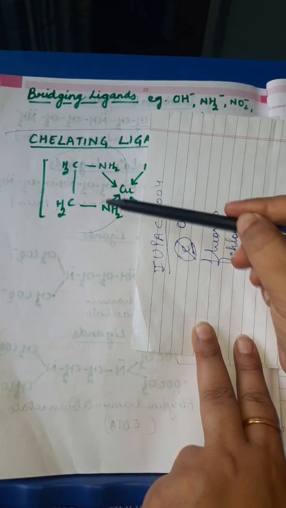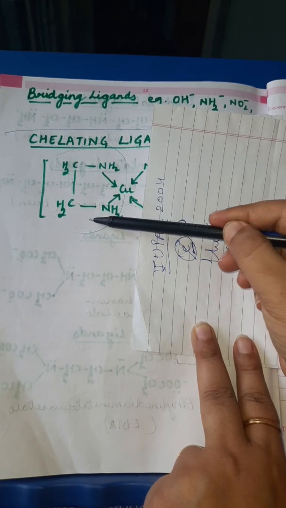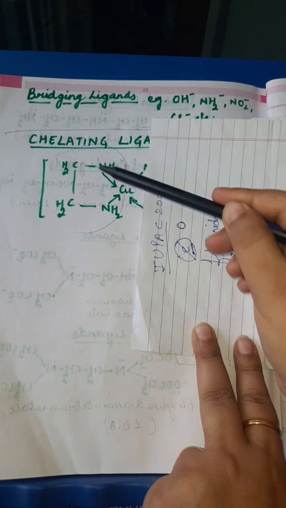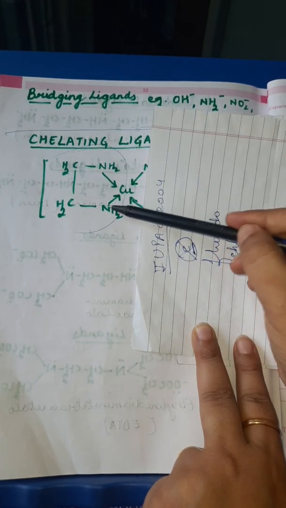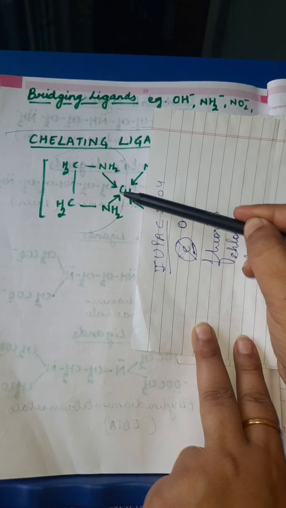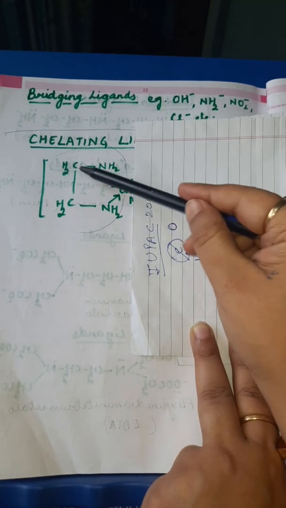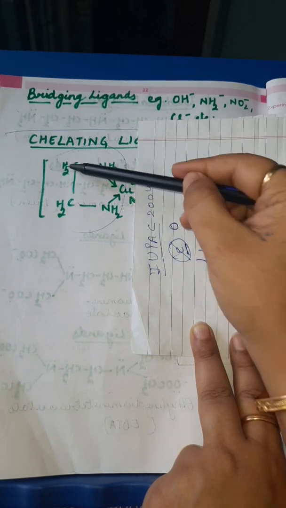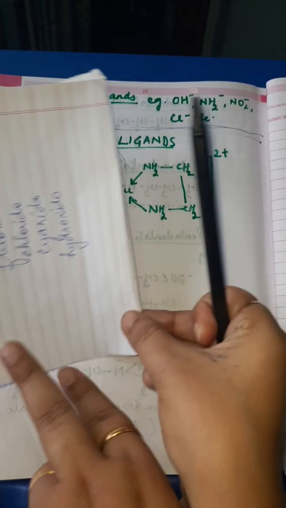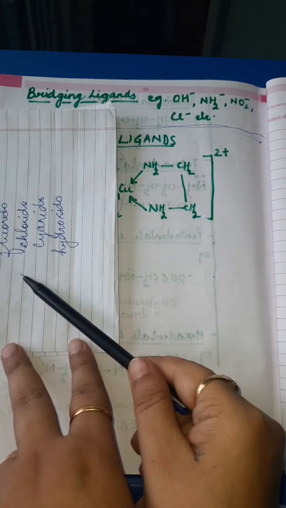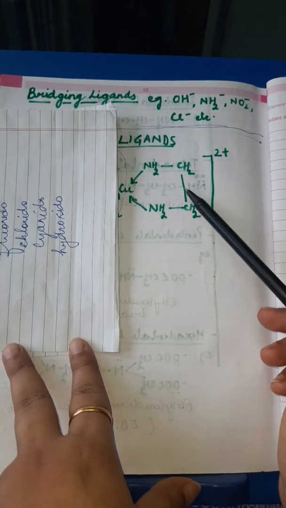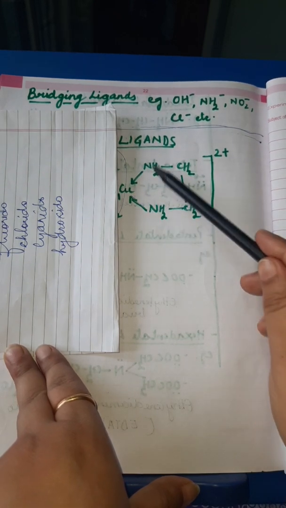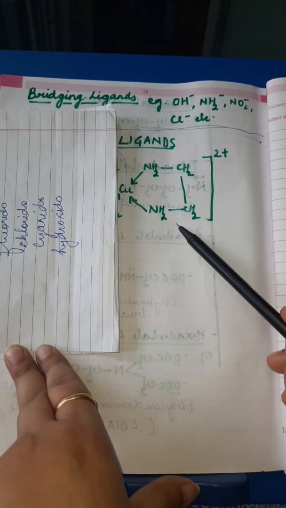It is ethylene diamine. When ethylene diamine gets bonded with the copper ion, one ligand itself is capable of forming 2 coordinate bonds. In doing so, it is giving rise to a 5-membered ring-like structure. You can see here 1, 2, 3, 4, 5. In the same way, on the other side also it is bonded with ethylene diamine, giving rise to another 5-membered ring-like structure.